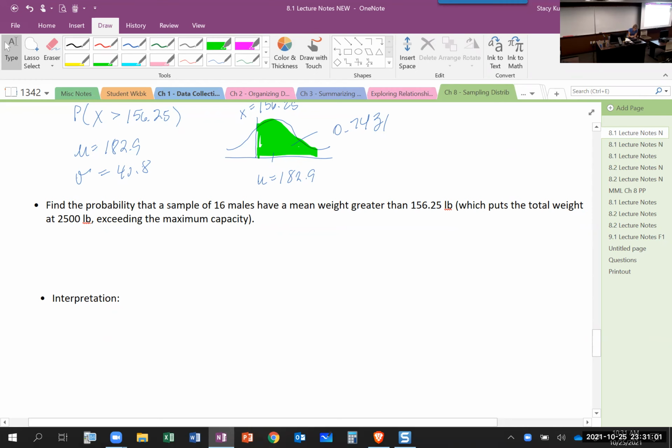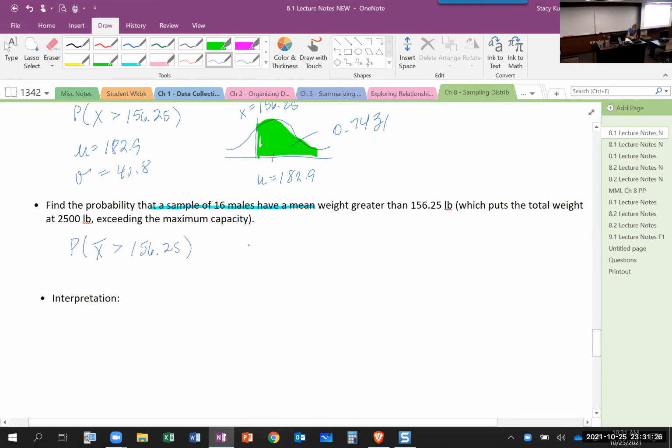So this question is now asking about a sampling distribution. What's the probability that the average weight of these men is greater than 156.25?